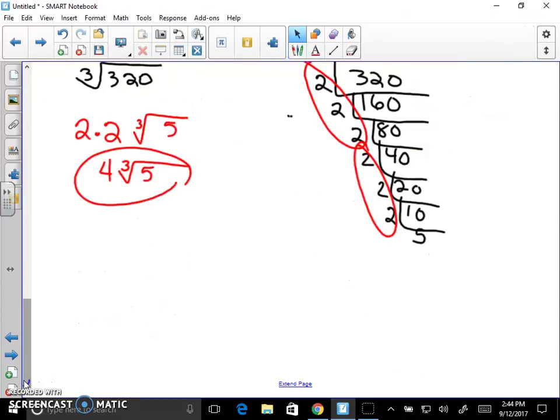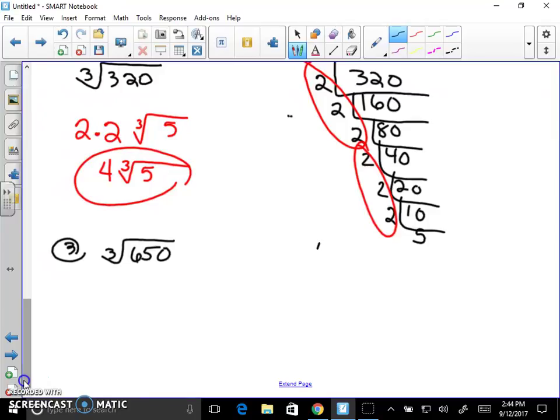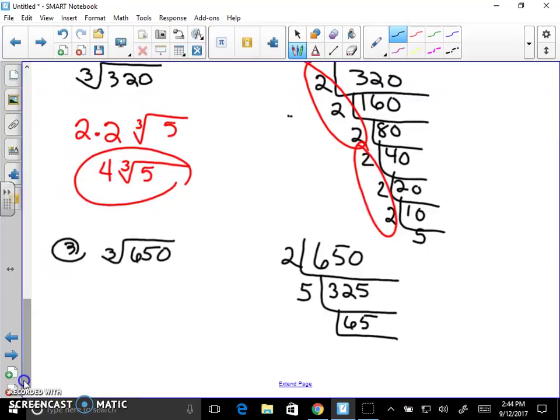Let's try another one. Number 3. So we have the cube root of 650. Upside down division. Divide by 2 gives you 325. Divide by 5 is 65. Divide by 5 is 13.